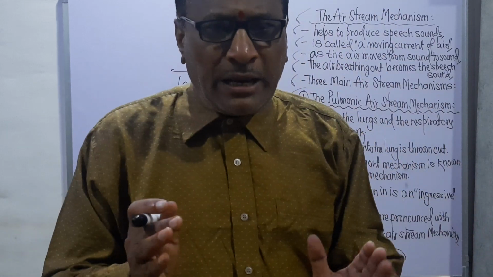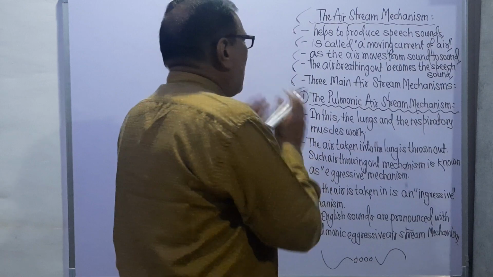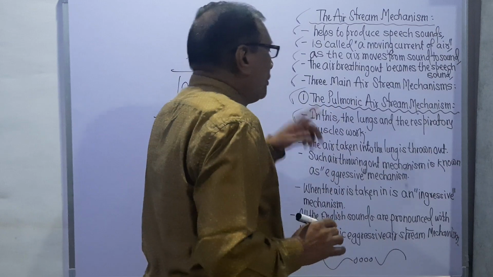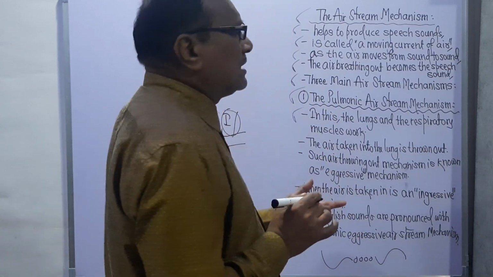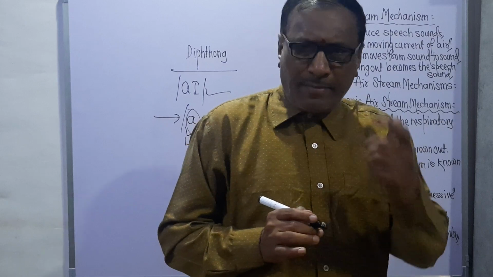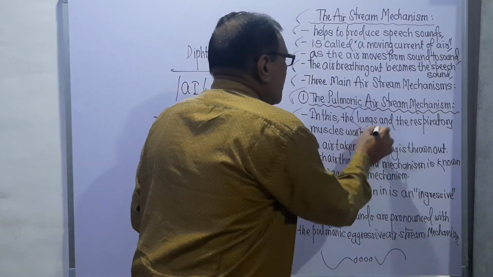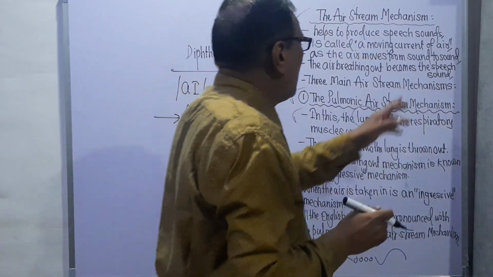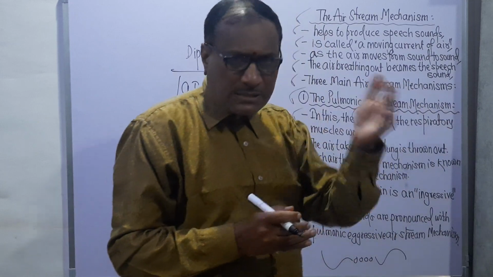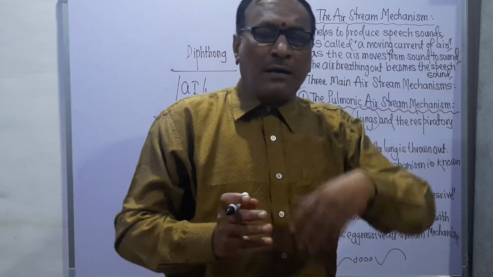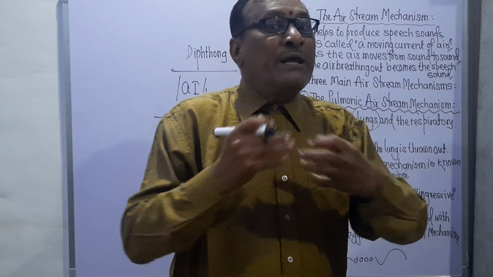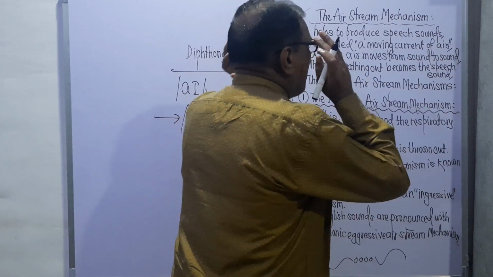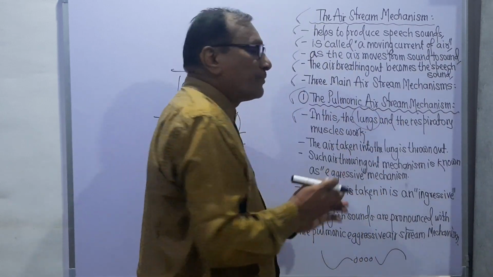What is the pulmonic airstream mechanism? In the pulmonic airstream mechanism, the lungs and the respiratory muscles work. Remember, the lungs are there, and these lungs and the respiratory muscles, meaning our muscles, are related with our respiration system. And that's why in this pulmonic airstream mechanism, the lungs are here.